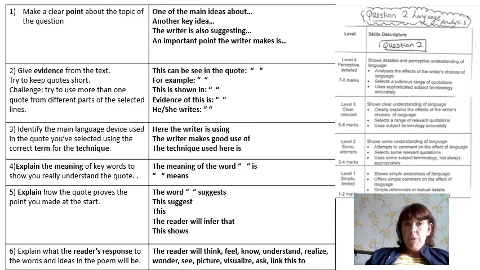A way to get good marks on this question is to really dig into what a word means. What does that word mean? What's it associated with? What do you link it to? And then start thinking about the effect that that then has on you. So I've given you some sentence starters if you need them.